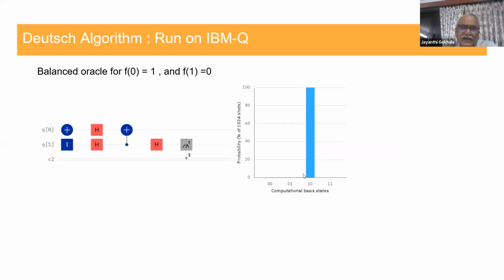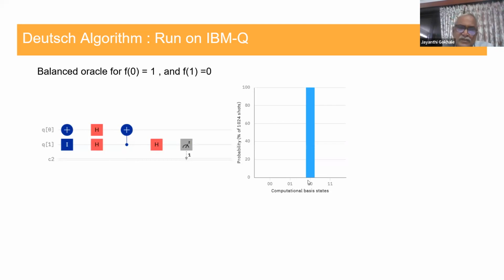And finally, this is a picture for implementing, let us say, a balanced oracle. And the balanced oracle can be represented by this. It's once again a CNOT gate, but we flip the roles of the control and the target bits. And the moment I have done that, you will see that this is a balanced representation.